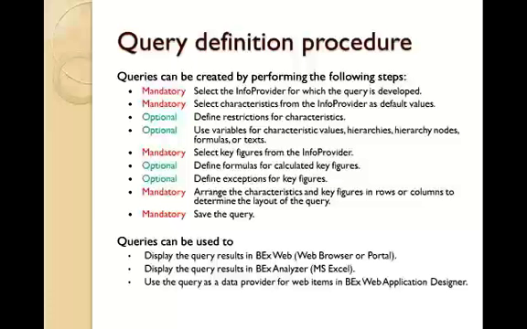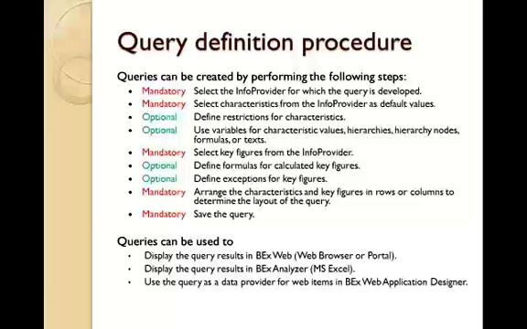And then the next required item is key figures. So basically, you need an info provider, and from this info provider, you then pick the characteristics and the key figures that you need. And then the next step is to arrange the characteristics and key figures in rows and columns to define the layout of the query.